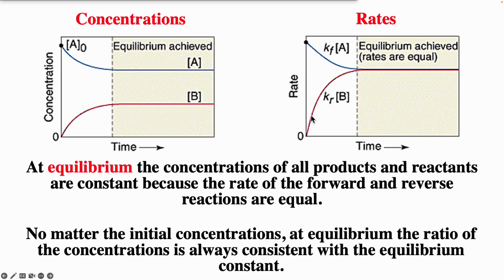The rate of the reverse reaction goes up because the concentration of the product is increasing. At equilibrium, the rates of the forward and reverse reactions are equivalent because the system is no longer changing. The reactions are still occurring. It's just that the rate of the forward reaction equals the rate of the reverse reaction.